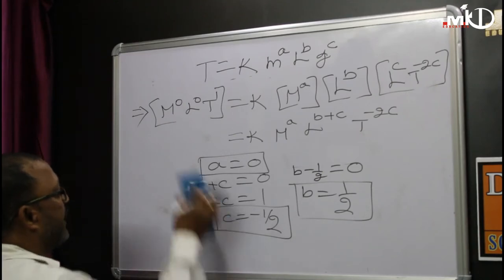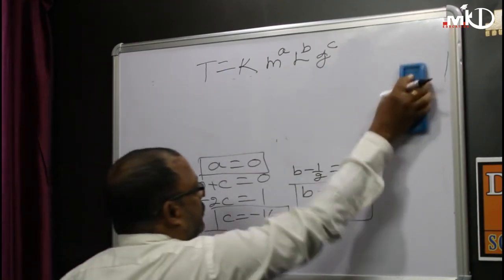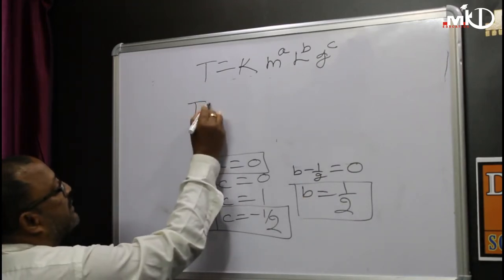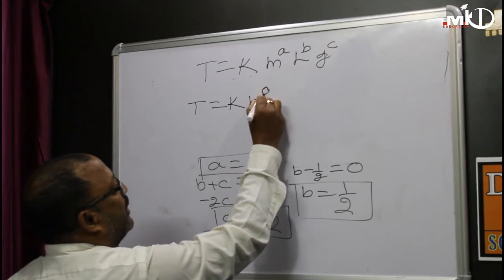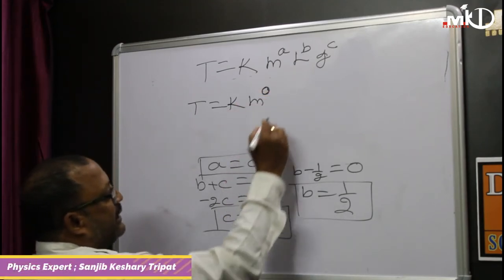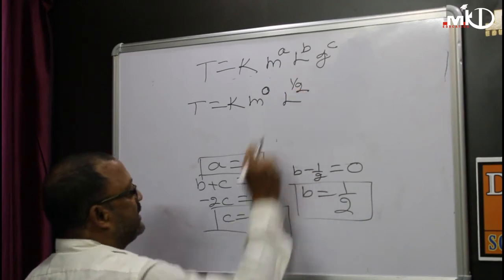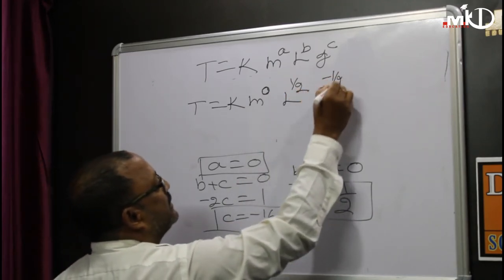Then by putting these values in the expression, we obtain T is equal to K m to the power 0, L to the power half, and g to the power minus half.